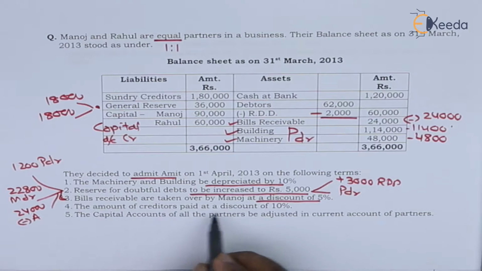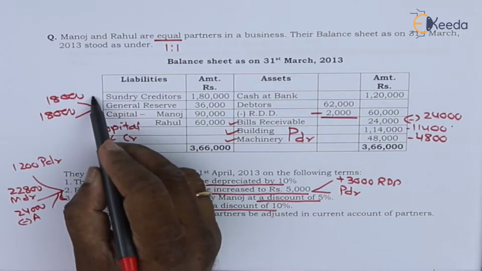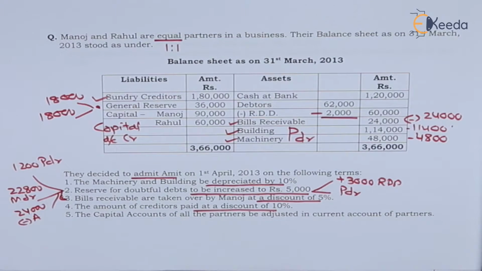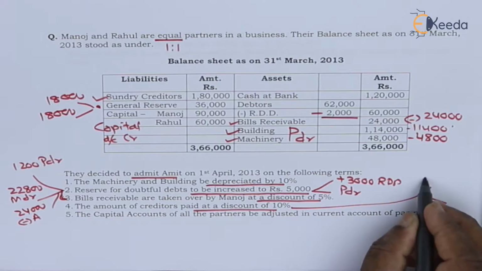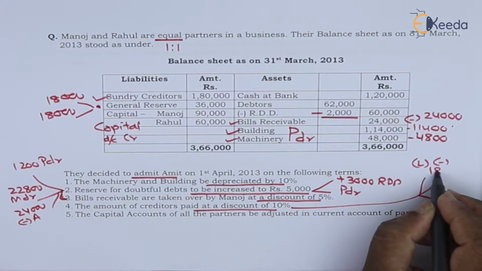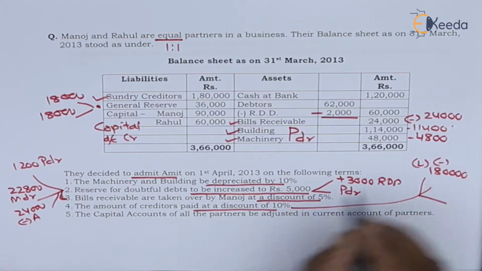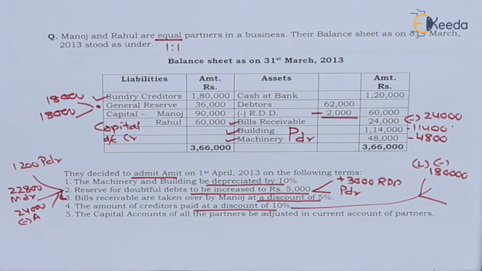The amount of creditors paid at a discount of 10%. Creditors, here we have 1,80,000. The whole of creditors are paid, so on the liability side, we are required to reduce 1,80,000. Whole creditors will go. In the new balance sheet, there will not be any creditors.